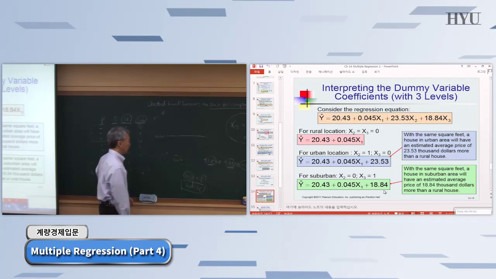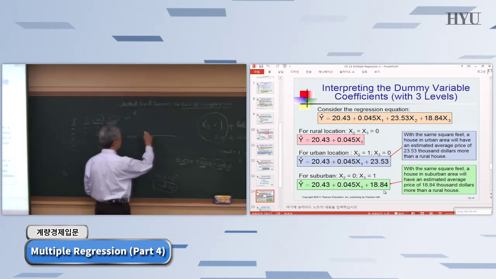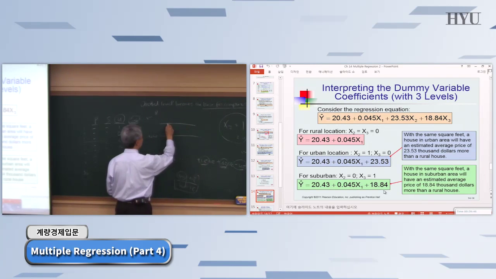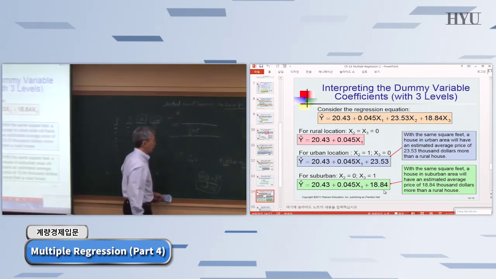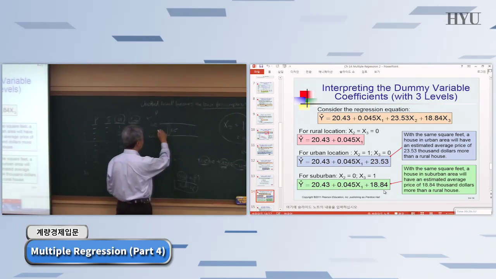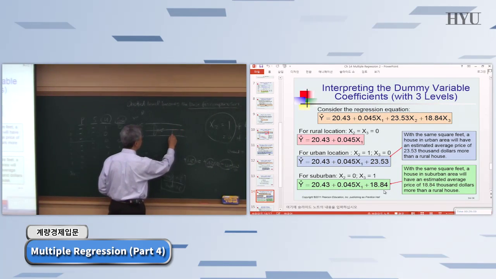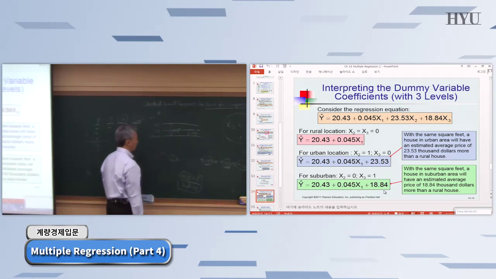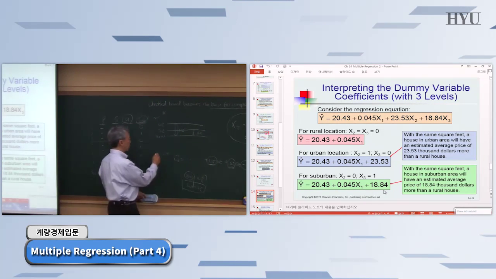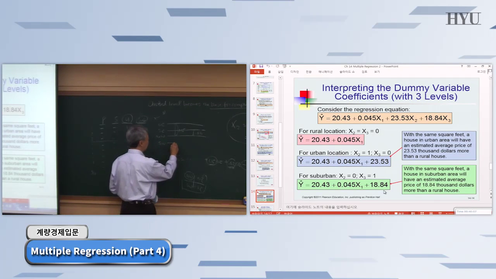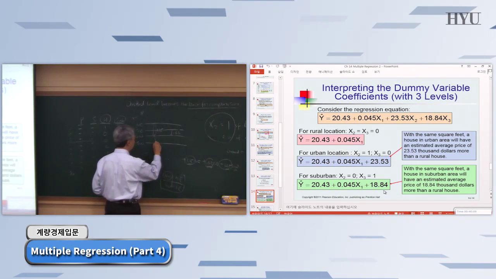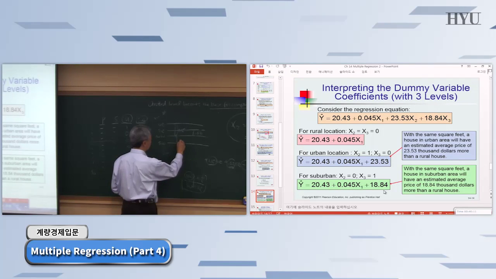Northeast is higher by $1.15, southeast higher by 62 cents, and southwest is actually below, lower by 1.25.